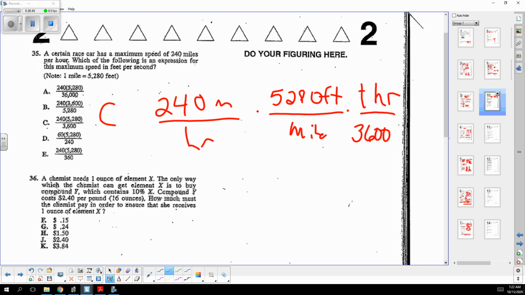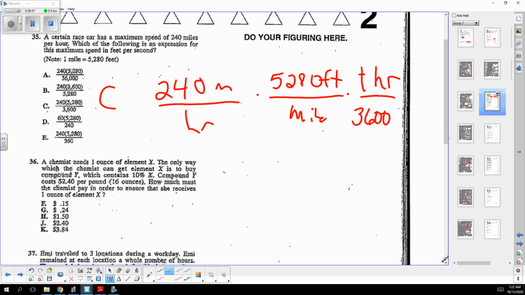Hardest question on the test. See how you do. A chemist needs 1 ounce, and he can't buy X directly, so he has to buy compound Y, which is 10% of the compound. So compound Y costs $240 for 16 ounces.